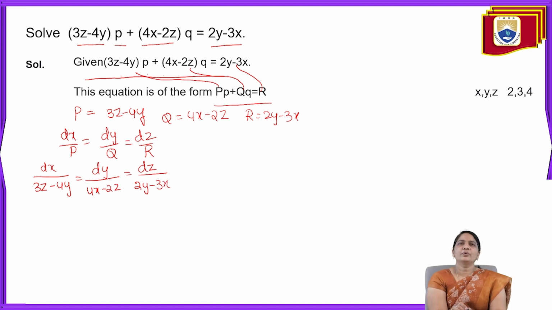Now we are going to use the multipliers, because here we can't do the solution by using the method of grouping. First I am choosing the first set of multipliers, that is L1, M1, N1 as x, y, z. So L1 equals x, M1 equals y and N1 equals z.